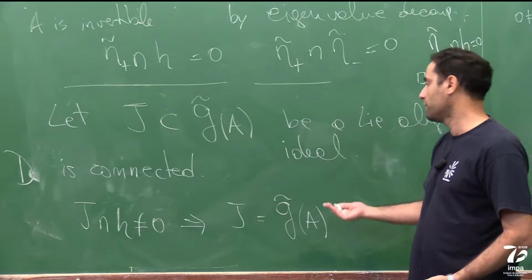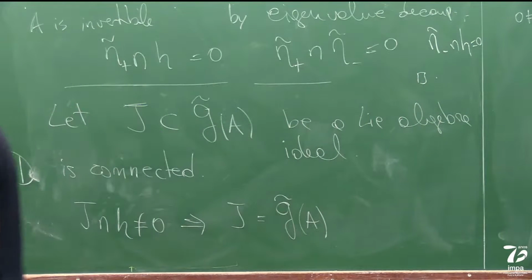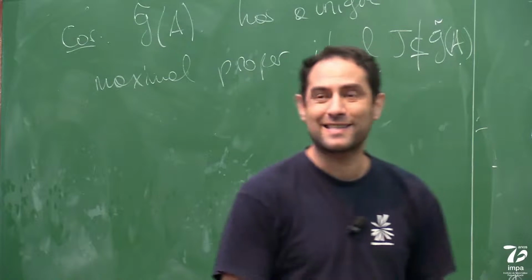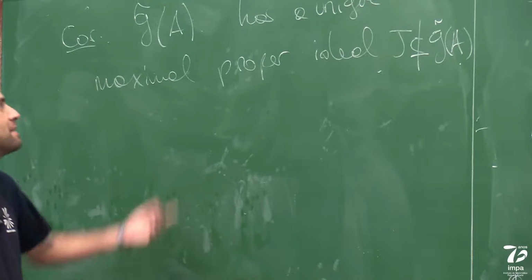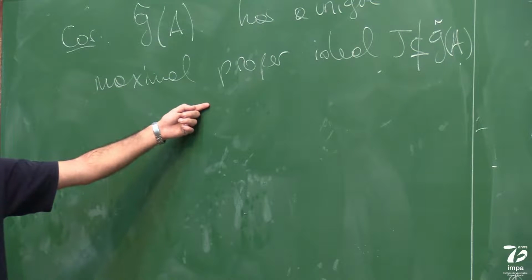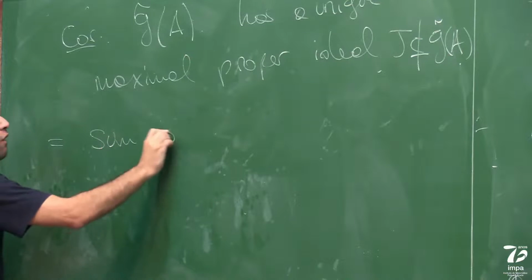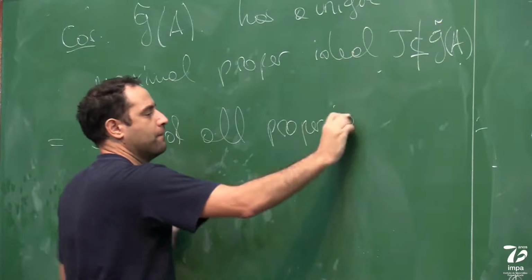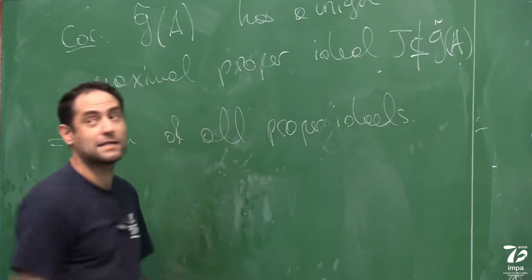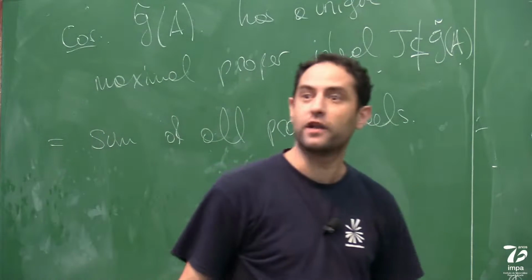So any proper ideal, like the zero ideal, cannot intersect H non-trivially, therefore the sum of all of these ideals cannot intersect H, and that has to be maximal, because it's the sum of all proper ideals. So J is equal to the sum of all proper ideals. And it has to be proper because you're summing things that do not intersect H, so this thing does not intersect H.